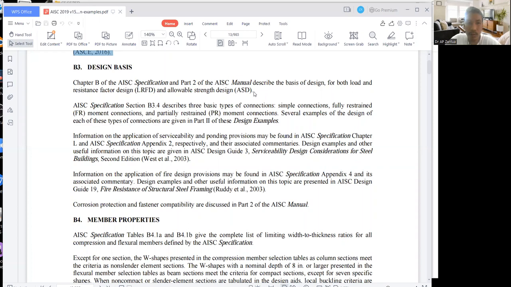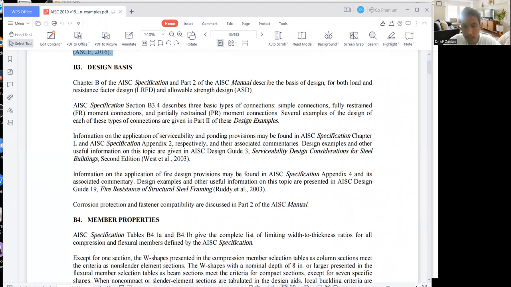Okay, so there are 2 types of design methods. Both we will take note of and we will give examples of. I think it is much better for us to give an example and solve the same example using both methods. Okay, so let us do that.